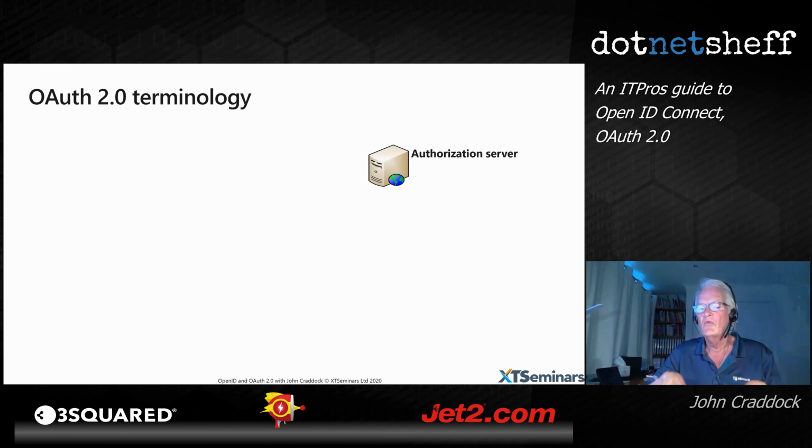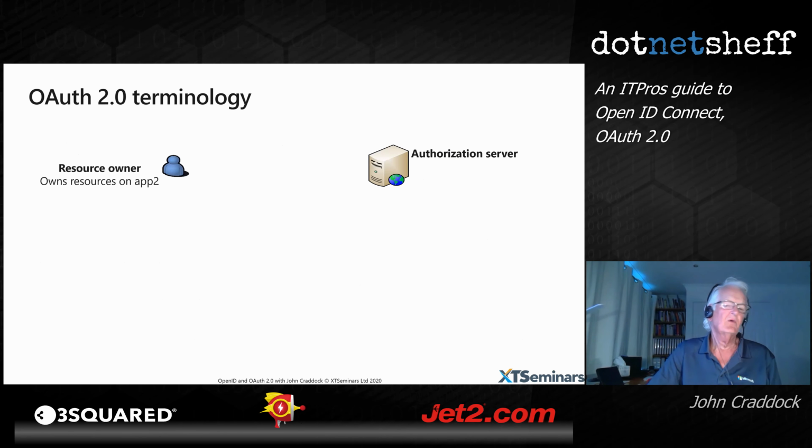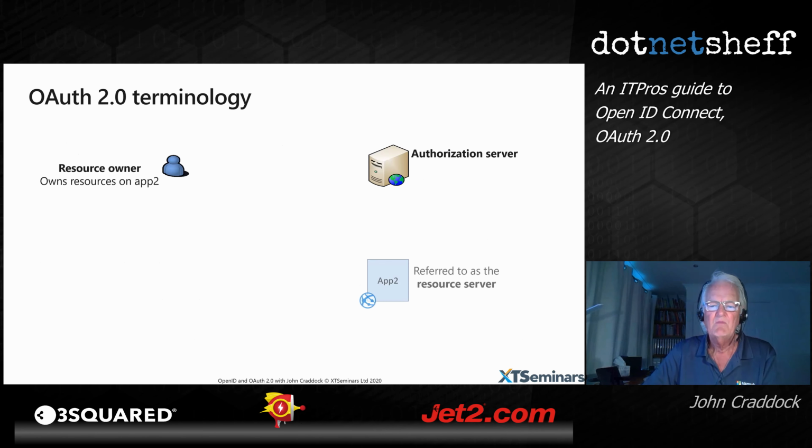So let's look at the components of this, and this is OAuth 2 terminology. At the core of it, we have the authorization server. Then you have a user, who is a resource owner, and they own the resources on app 2, so they control access to those resources. Then we have the resource server here, which is app 2 itself.